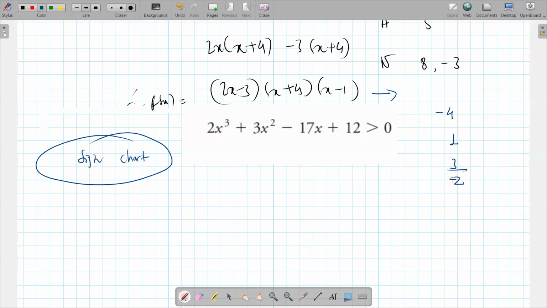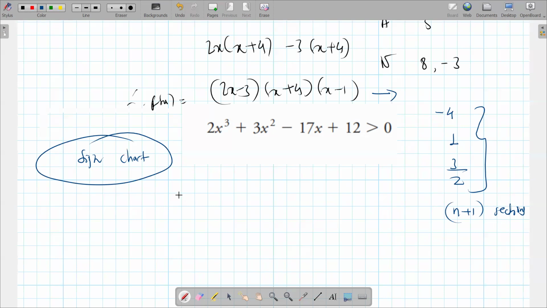Do you agree? So we have to divide the x-intercepts into 4 different ranges. It's always going to be n plus 1 sections. If you have n x-intercepts, you're going to have n plus 1 sections on the sign chart.